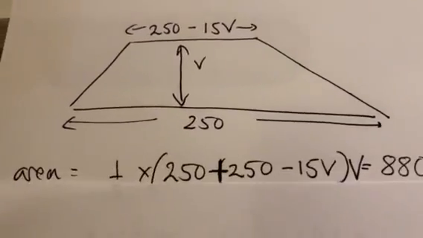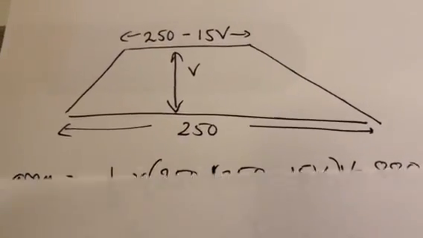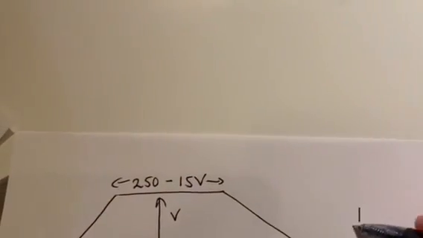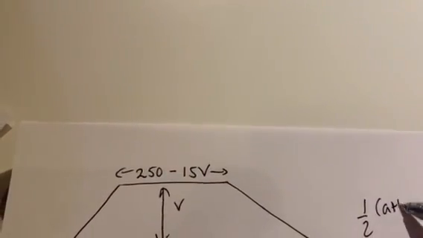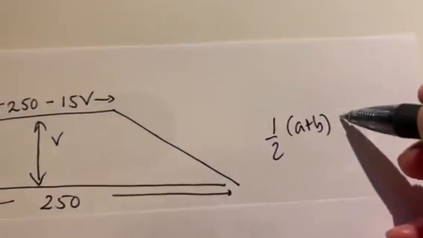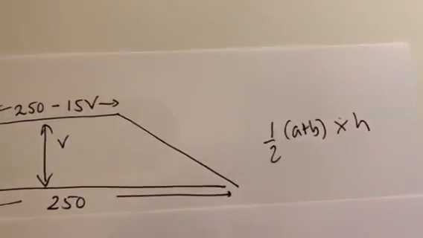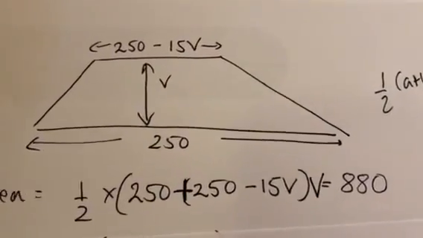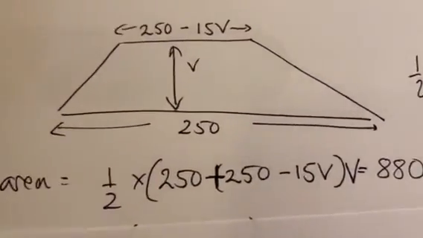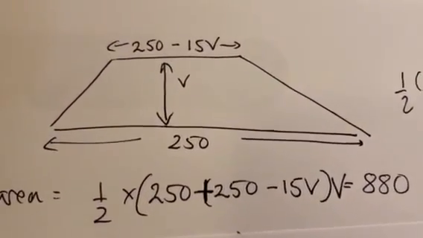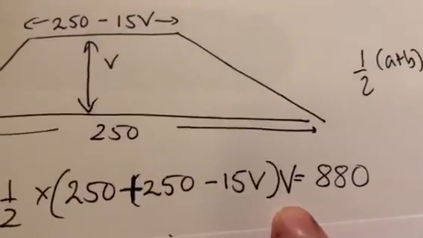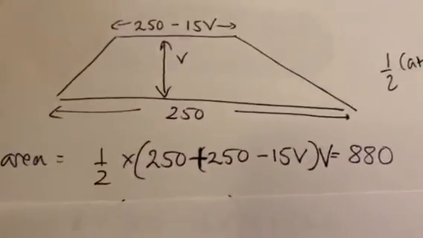I'm just going to find the area of a trapezium. To find the area of a trapezium, it's half the sum of the parallel sides times the distance between them, something you would have used a lot at GCSE. So it's a half, add up the 2 parallel sides, so 250 plus 250 minus 15V, times V, equals 880.